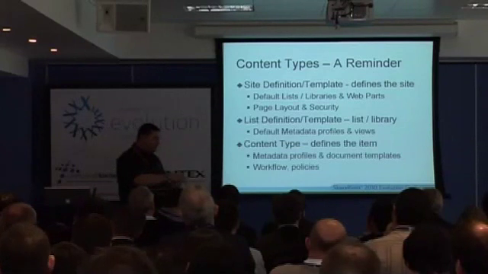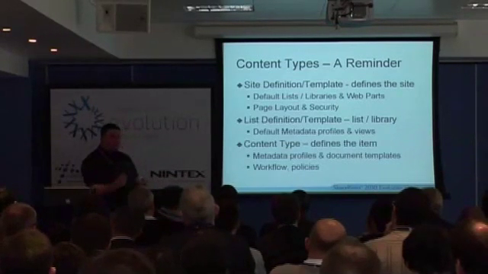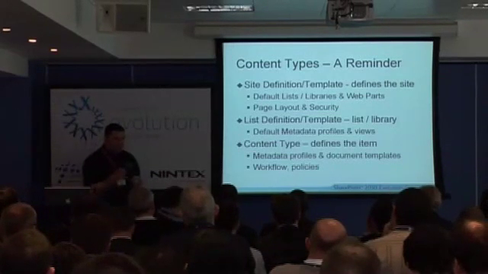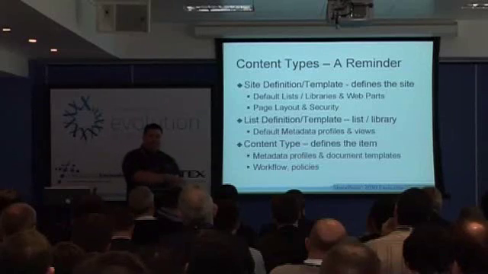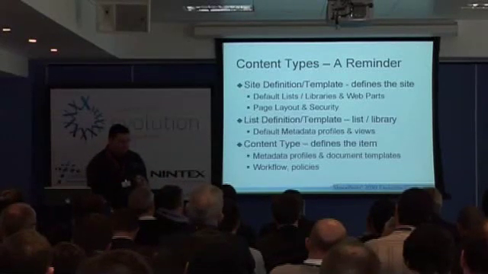Because the content type is a much more global entity in SharePoint 2007, we can have consistency of that metadata. Having the metadata associated with the content type makes it much more consistent, makes it much more global.